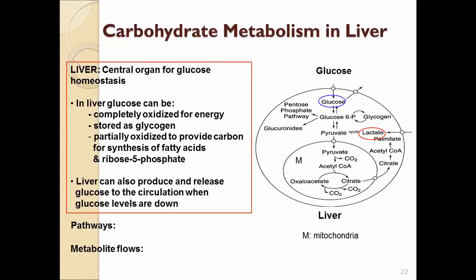And gluconeogenesis, with precursors like lactate and pyruvate, is the most important pathway to make glucose and release it into circulation during the fasting condition, right? So the liver is a very important, very active organ that metabolizes glucose.